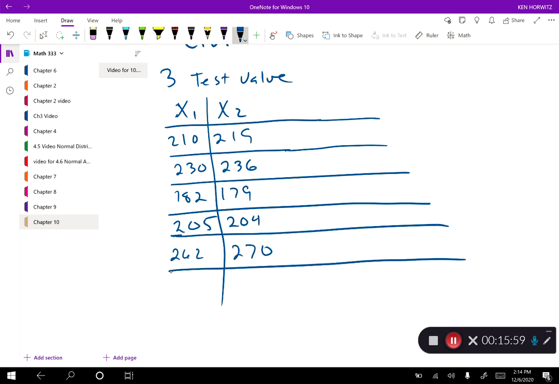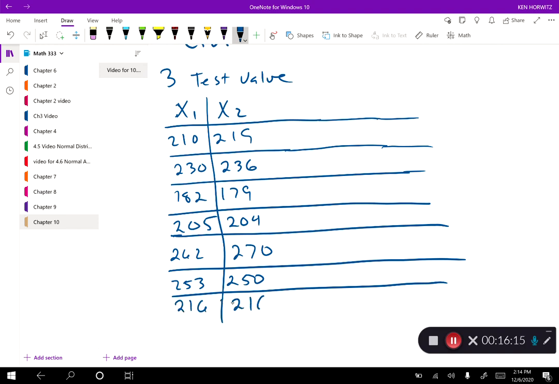That's pretty good. 253, 250. And lastly, 216, 216.